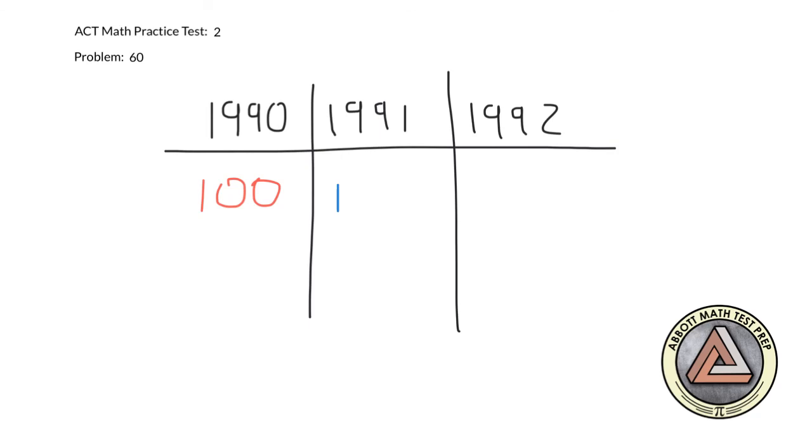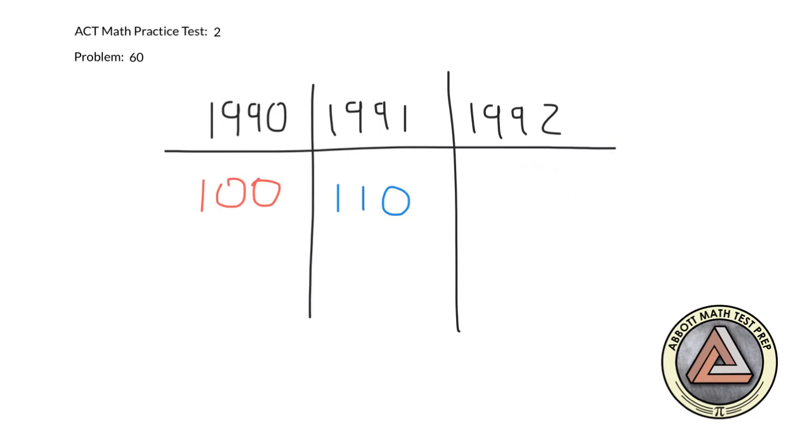So in 1991, you can kind of do that in your head, where 10% of 100 is 10. So we're going to add 10 to 100, giving us 110. But then from there, it increased by 20%. So let's figure that out.